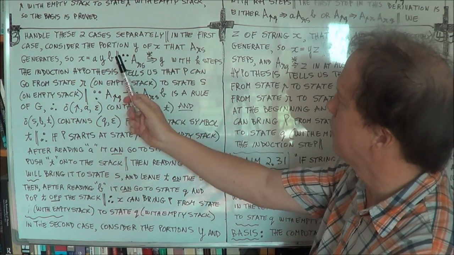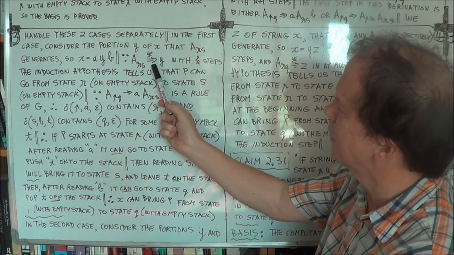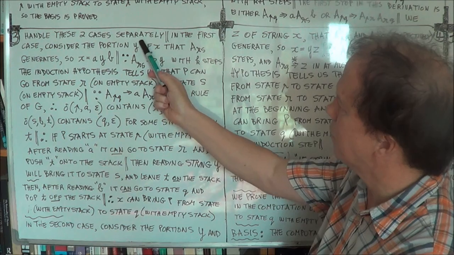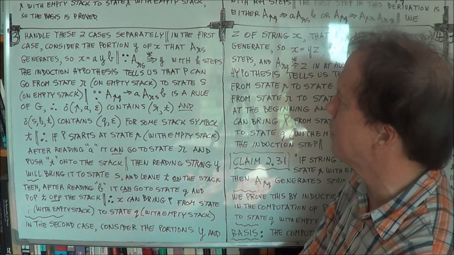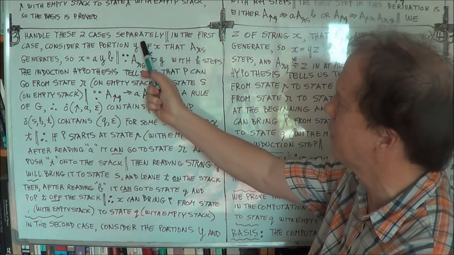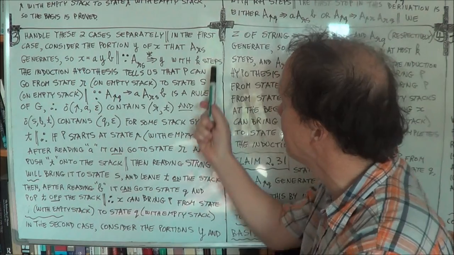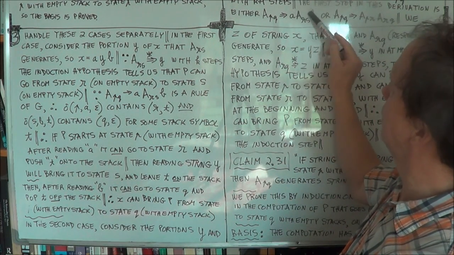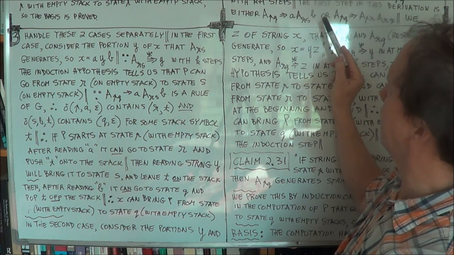Okay, so now let's have a look at the string x and have a look at what this symbol here, this A_RS, generates. Well, let's say it generates the substring y. So this A_RS is the symbol here in the middle, like you've got little a, big A_RS, little b.